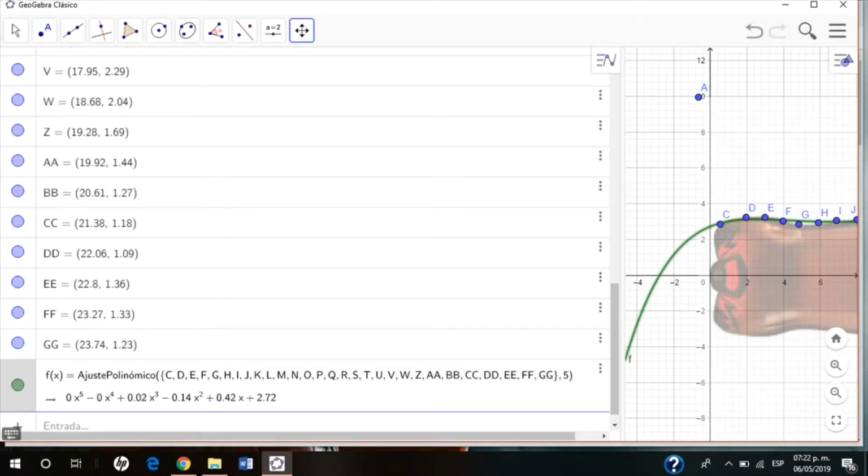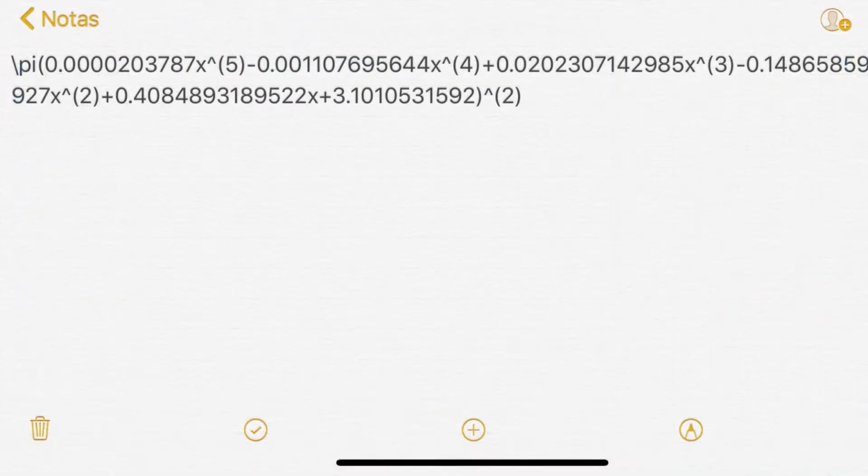But to make it more specific, we're gonna change it to the decimal terms. So this is the actual equation that we use, since it's more specific because it uses decimals.